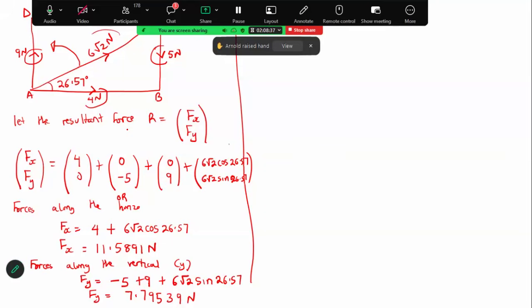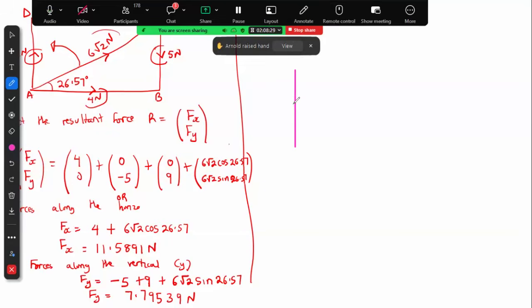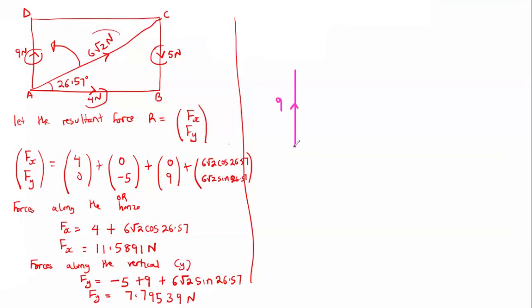But how does it come about? Now, what you are doing, you are saying this 9, and remember, this is 90. So what you want is to resolve it vertically.